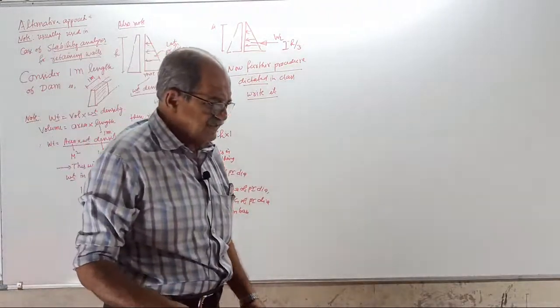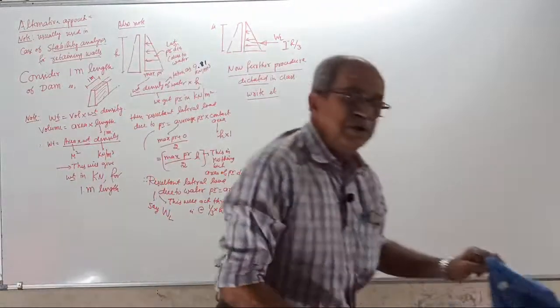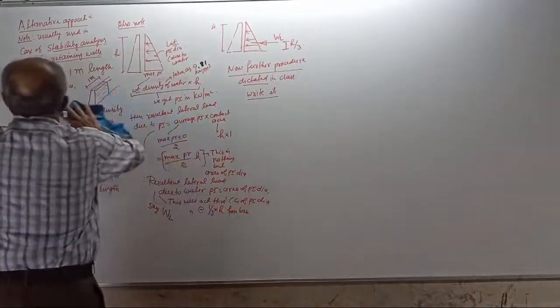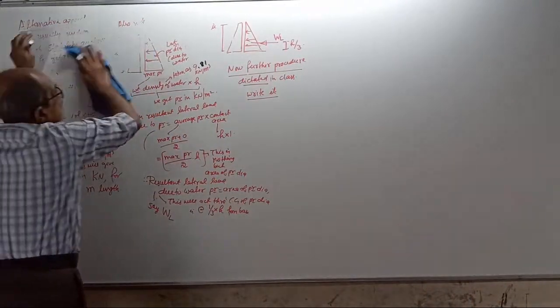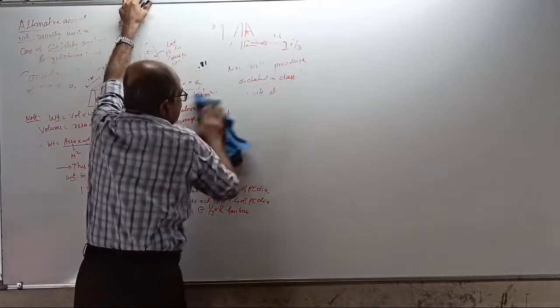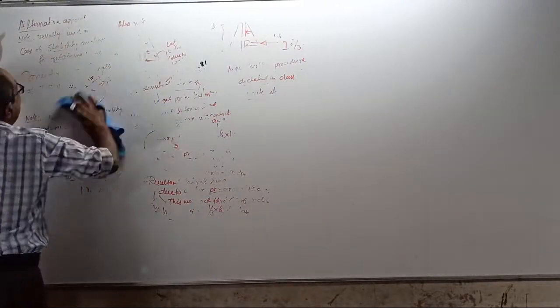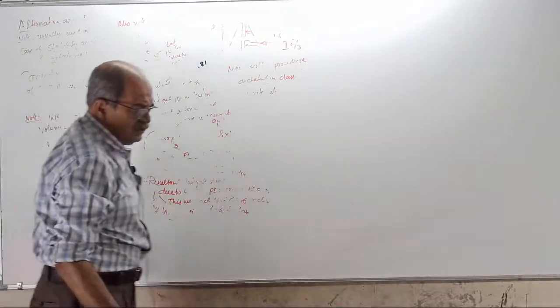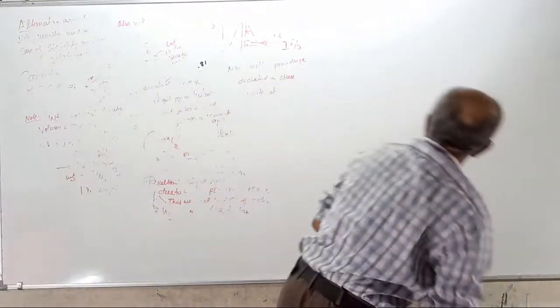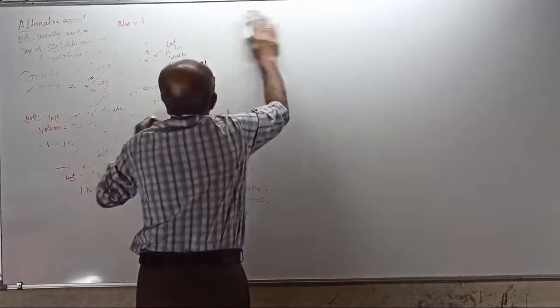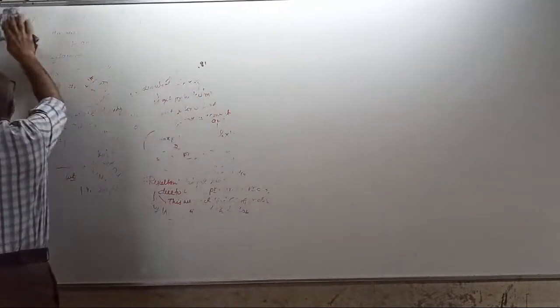Further procedure, as I solve, I will dictate and you write it. Okay, start. Consider our dam once again. These are all basic concepts; I will not explain this again, as I have already told you several times.